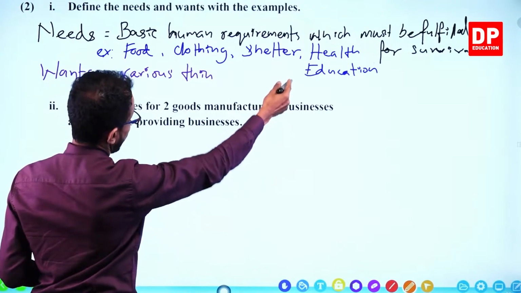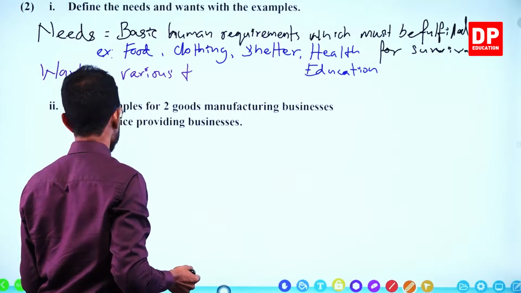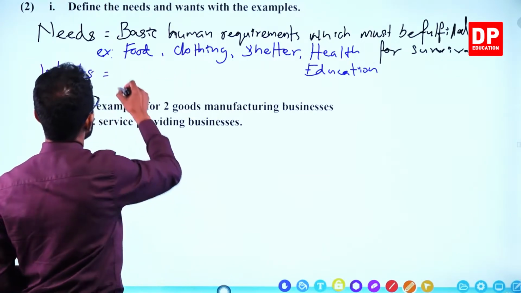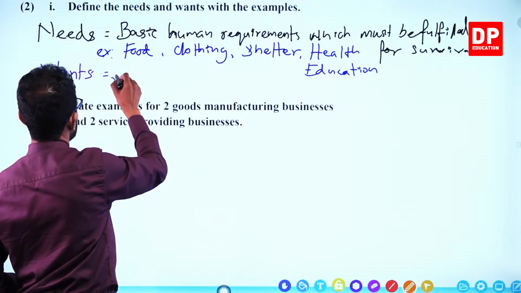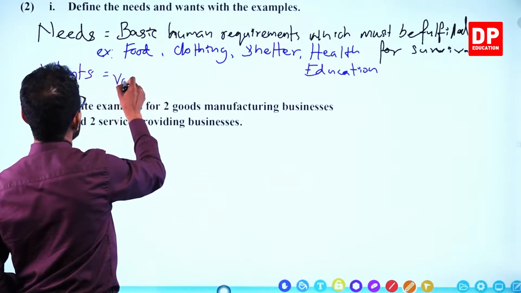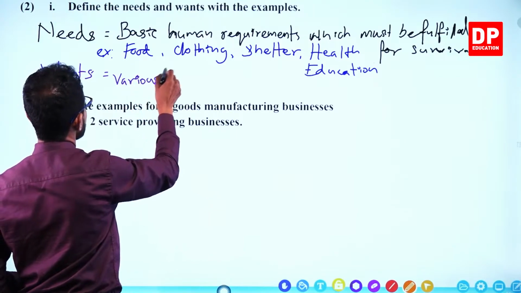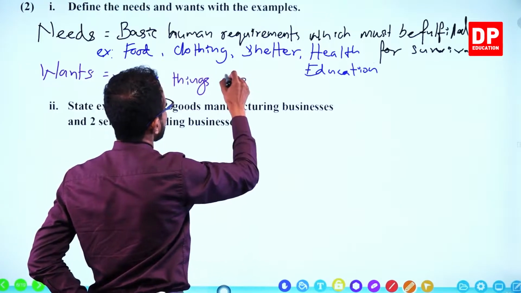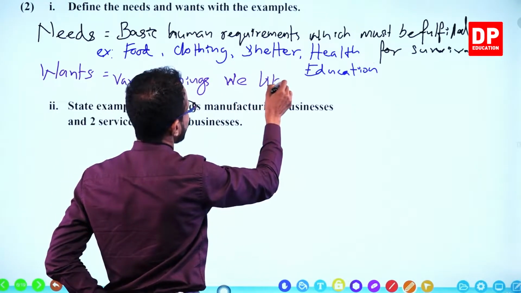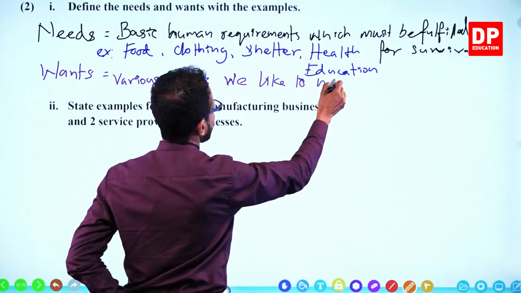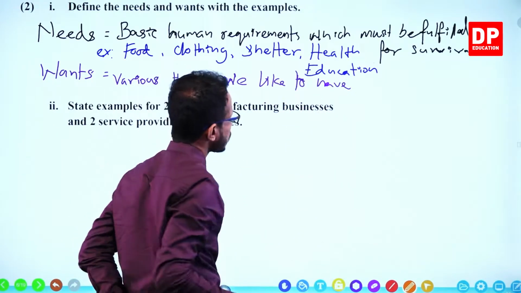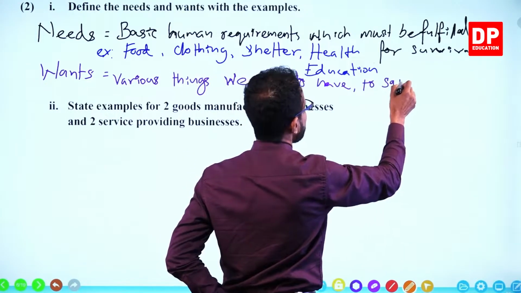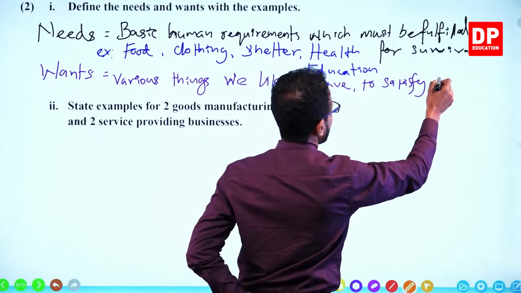Oops, I have to take it down a little bit. Wants. Okay, I'll write it here: various things we like to have to satisfy our needs.